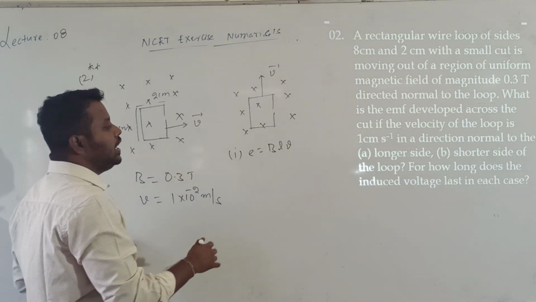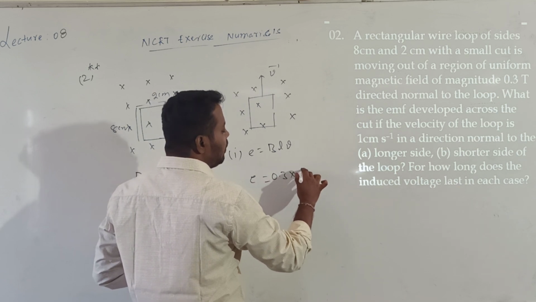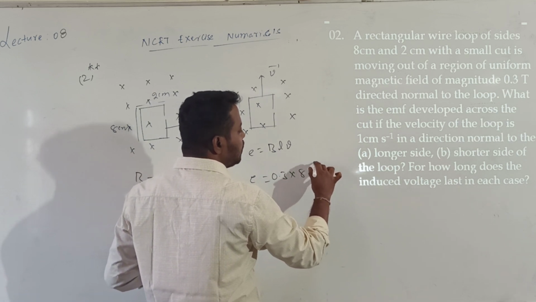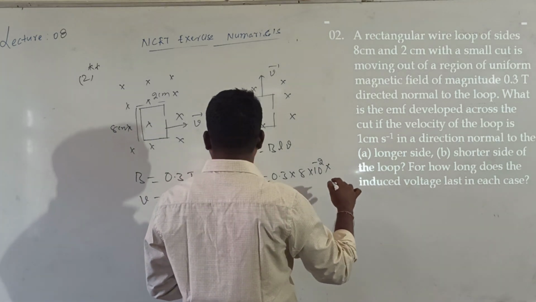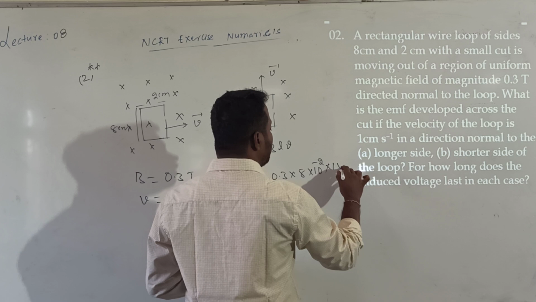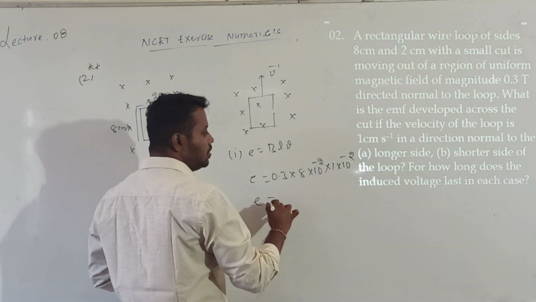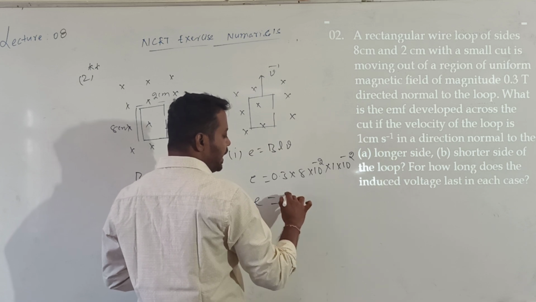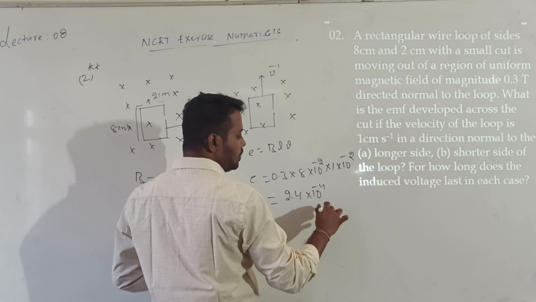So B into L into V. B value given as 0.3, L value 8 centimeters, 8 into 10 to the power of minus 2, into V value, how much? 1 into 10 power of minus 2. Then what will we get for E value? 8 times 0.3 is 2.4, so 2.4 into 10 power minus 4.